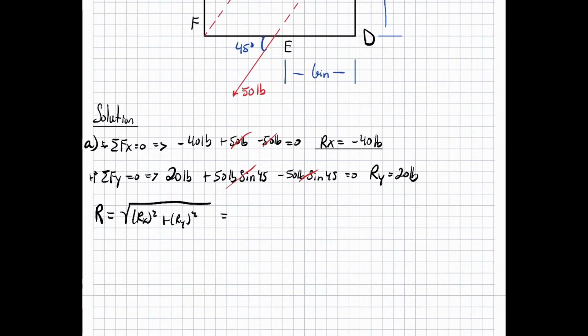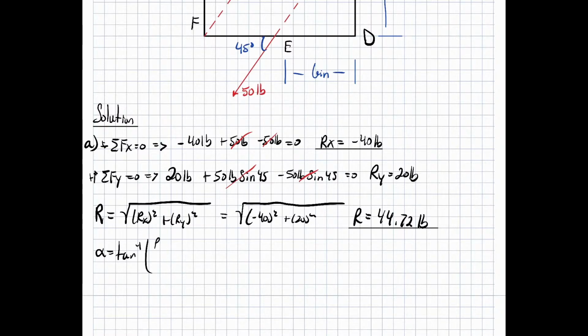Okay, so going back, we take negative 40 squared plus 20 squared. Our resultant force is going to be 44.72 pounds. We also need to find the angle that it's going at. So I'm going to find alpha equal to inverse tangent of Ry over Rx. So inverse tangent of 20 over negative 40.